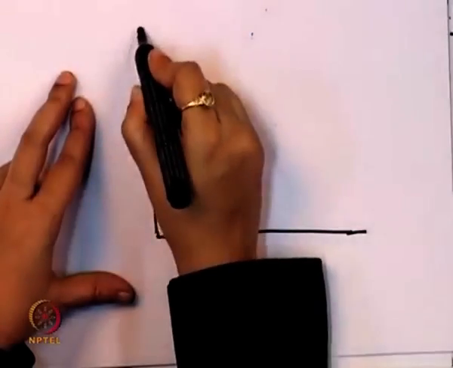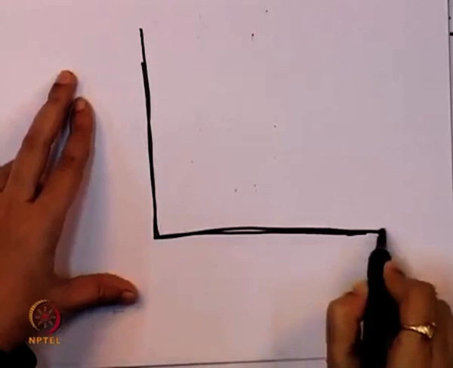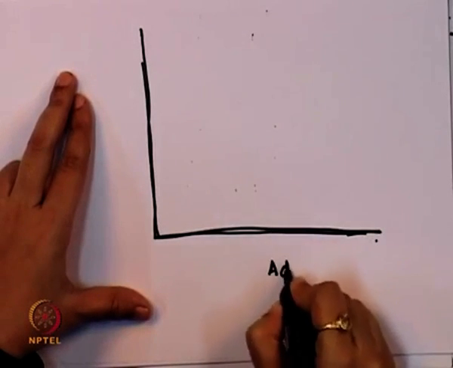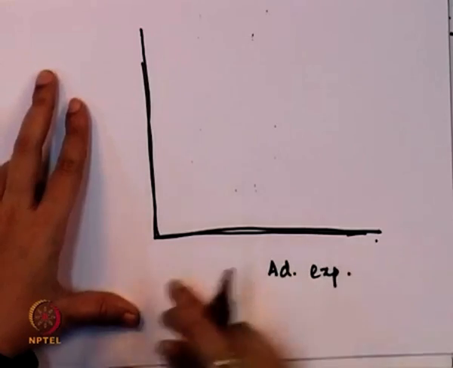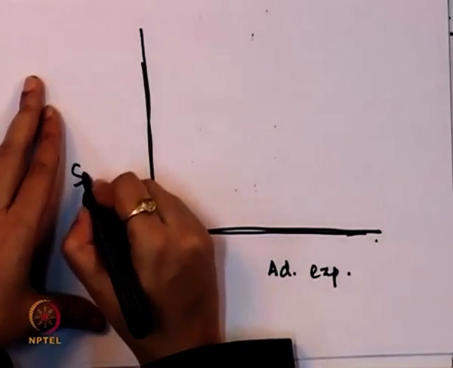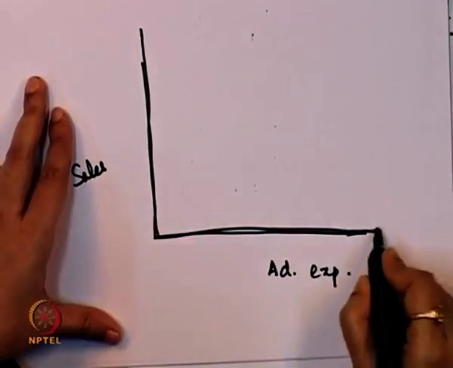So what do we take on the y axis and what do we take on the x axis? On the x axis we take the advertisement expenditure, and on the y axis we take the sales.